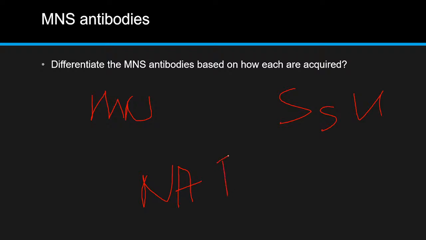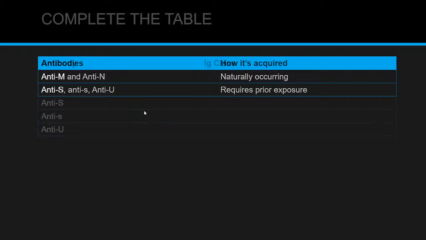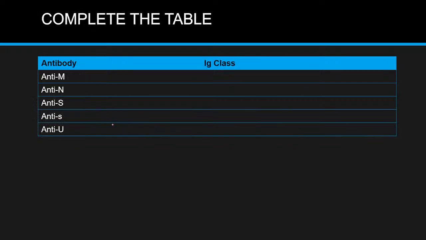Which one is going to require prior exposure? Answers? Anti-M and anti-N are naturally occurring, while anti-S, the big S, the small s, and the anti-U require prior exposure. Now, complete the table.